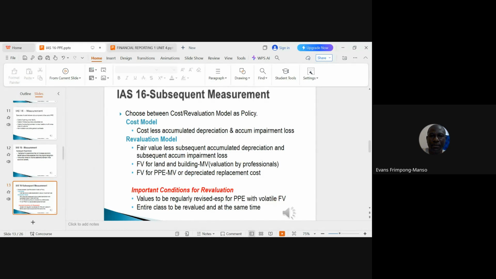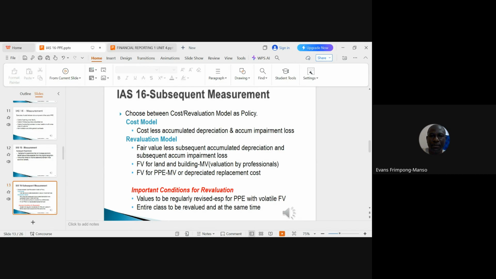So you have to note that. Now, there's a caveat here that you need to know. If you decide to use the cost model for subsequent measurement of property, plant, and equipment, you can, in future, change it to the revaluation model or the fair value model.